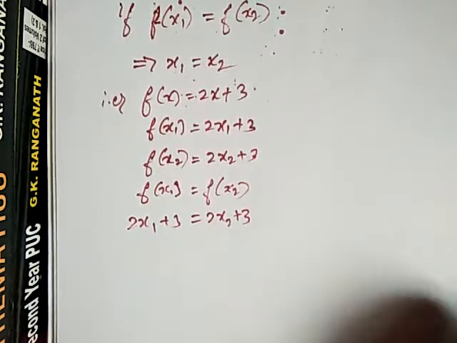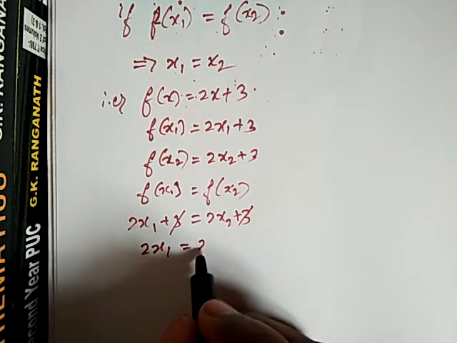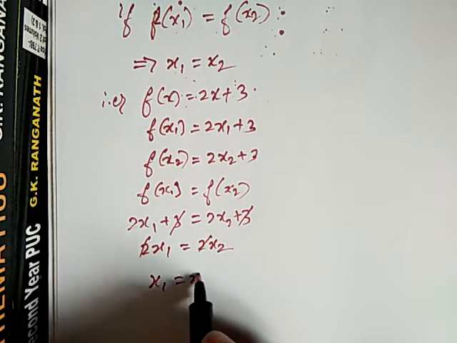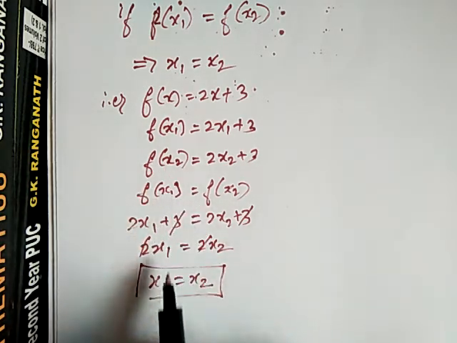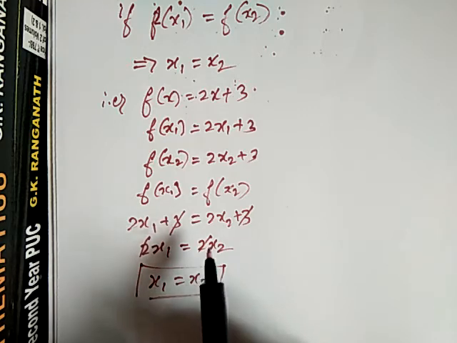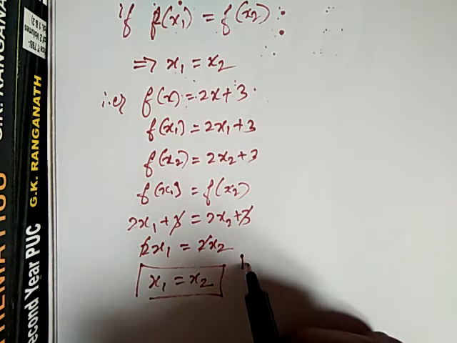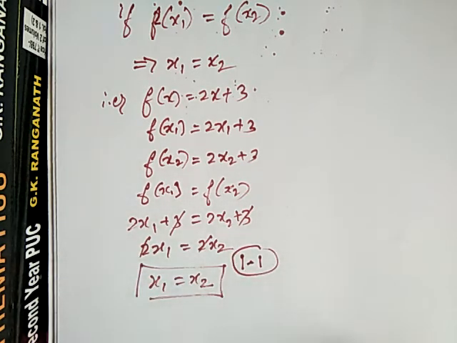This is the condition, correct? The 3 gets cancelled, so we have 2x1 is equal to 2x2. The 2 gets cancelled, so x1 is equal to x2. If f of x1 is equal to f of x2, then x1 is equal to x2. Only then can we say that it is a one-one or injective function.